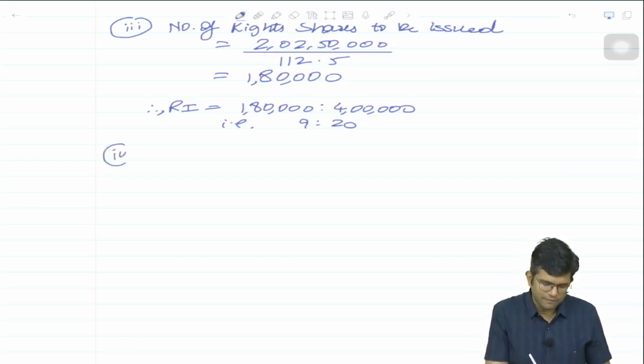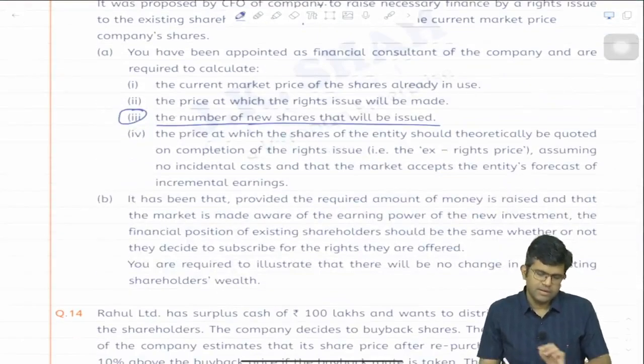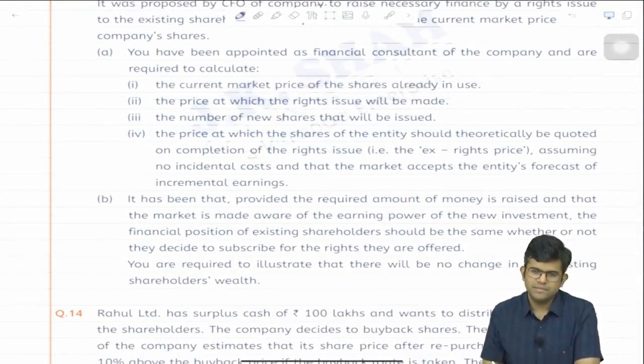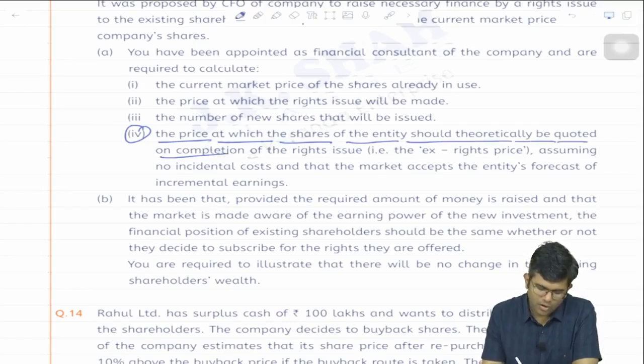Point number 4. They are asking you something. What is the price at which the shares of the entity should theoretically be quoted on the completion of the rights issue?